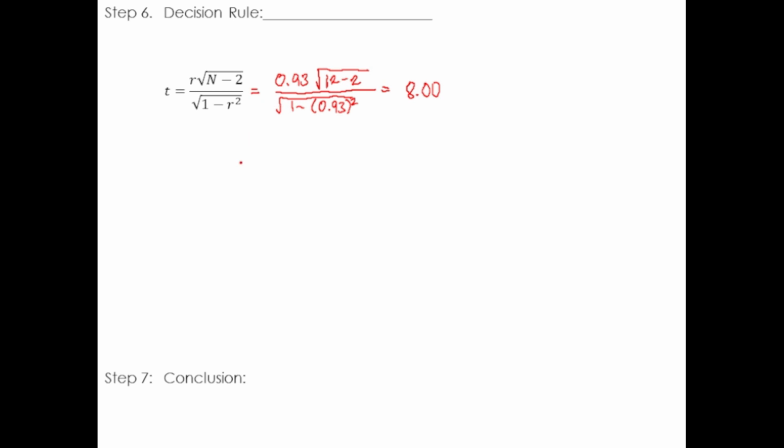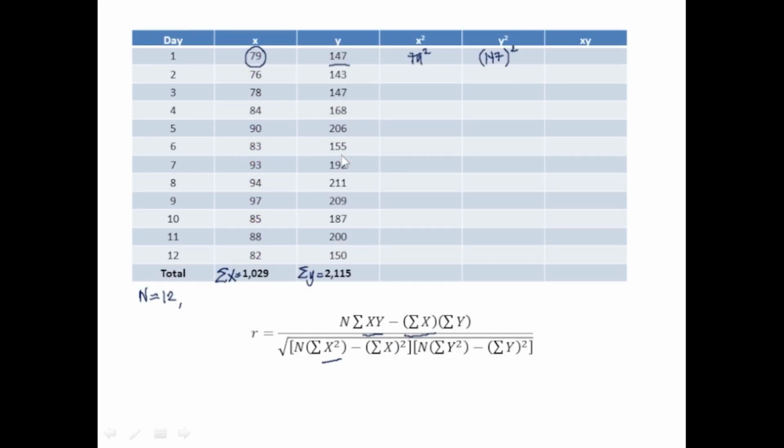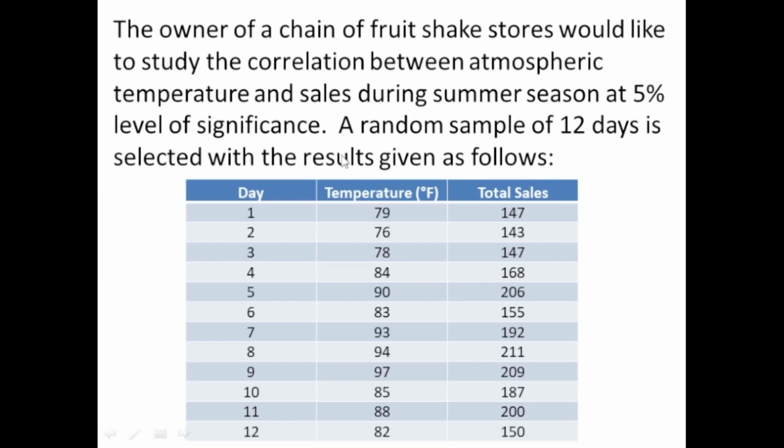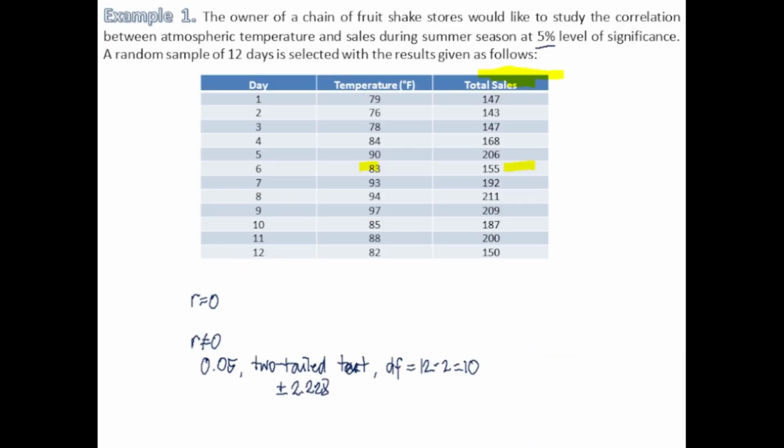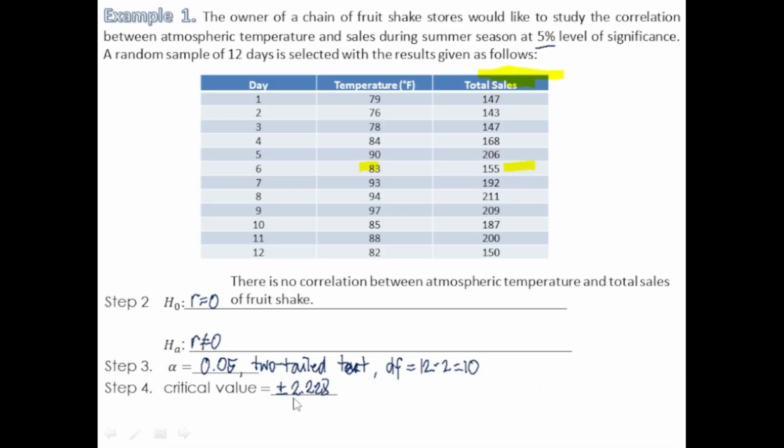And the decision rule: the computed t-score is greater than or equal to our critical value. What is our critical value? Our critical value a while ago is positive, negative 2.228.